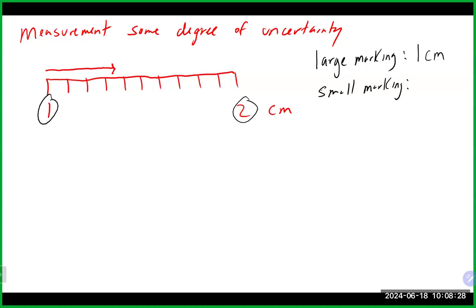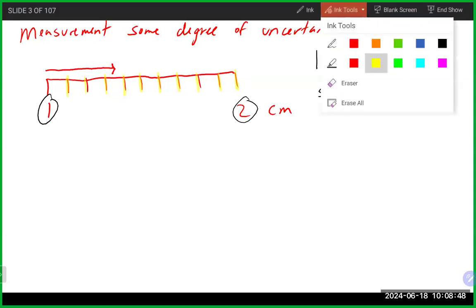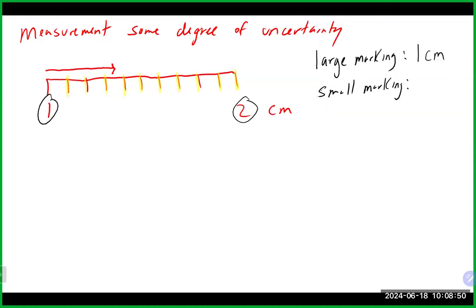When we count them up, we always want to start counting with the first marking past the last large marking. So we would start counting here: 1, 2, 3, 4, 5, 6, 7, 8, 9, and 10. And we would stop at the large marking. So in this particular case, we have 10 small markings over a total distance of 1 centimeter.